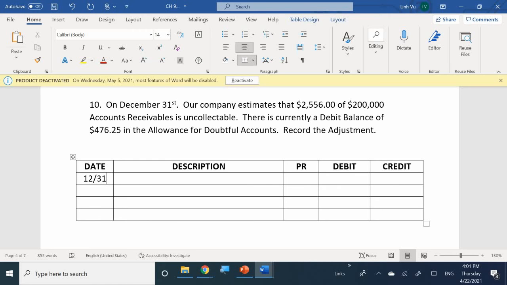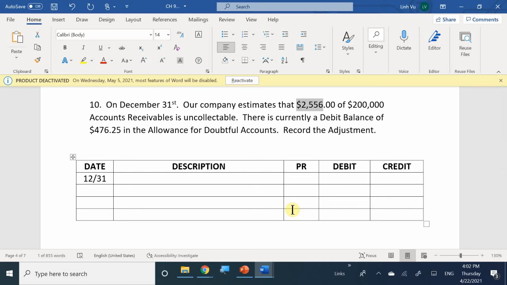It's bad debt. Do we know exactly who? We know who owes us the money, but we don't know who's going to pay us if they do. Exactly, this is an estimated amount.